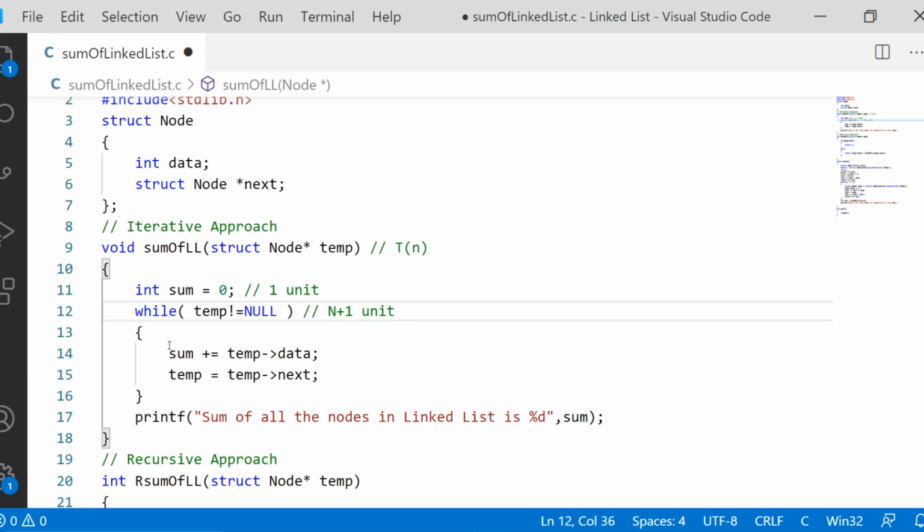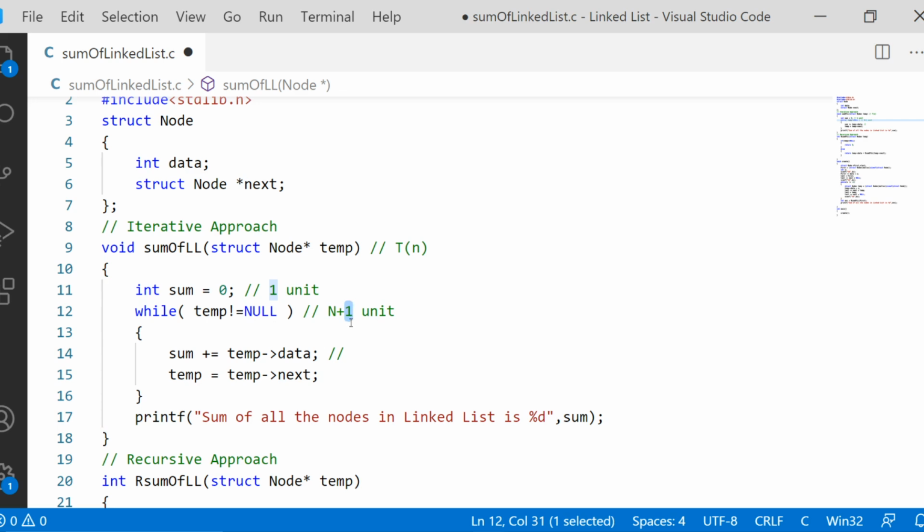Coming to the body part of the loop, how many times will this line be executed? We clearly said that from these n plus 1 iterations, n are successful, true evaluations, and only one is the false evaluation, when temp becomes null.